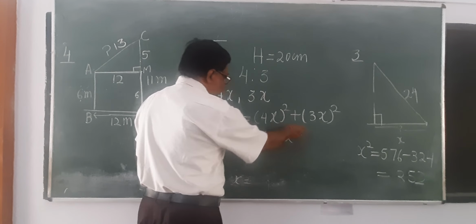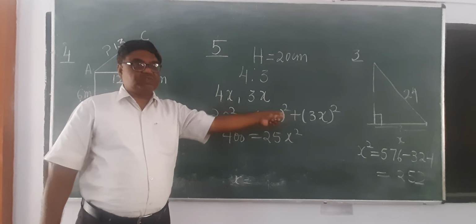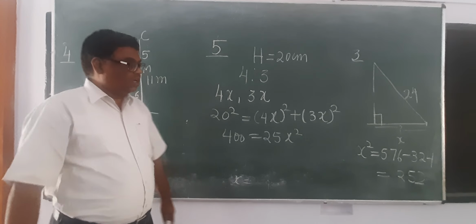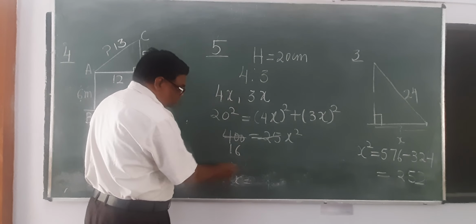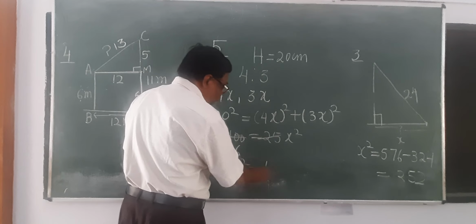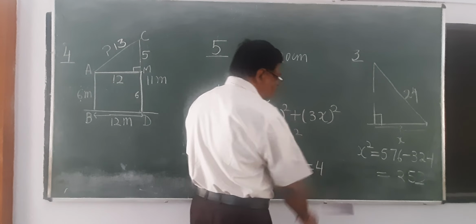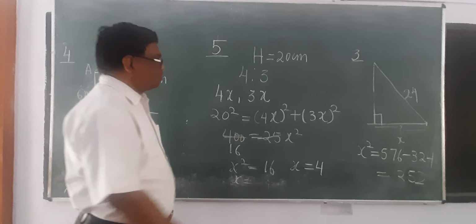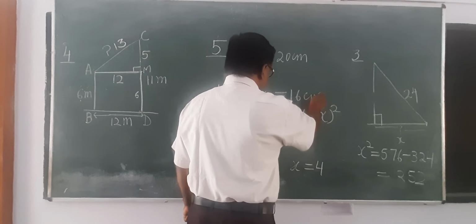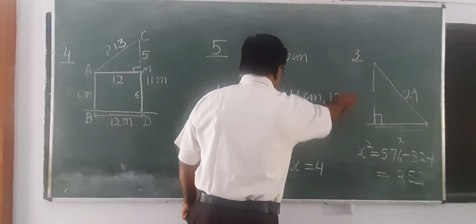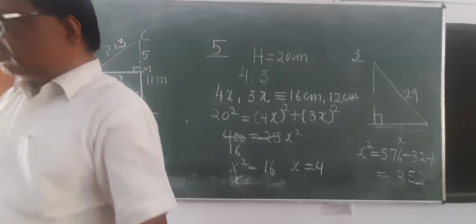It's very simple. Everyone knows 4x square is 16x square, 3x square is 9x square, 25x square. 400 divided by 25 is 16, so x square equals to 16. So x equals to 4. It's clear. And x equals to 4. So sides will be 16 centimeter and 12 centimeter. It's clear.